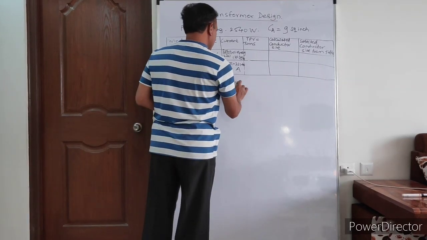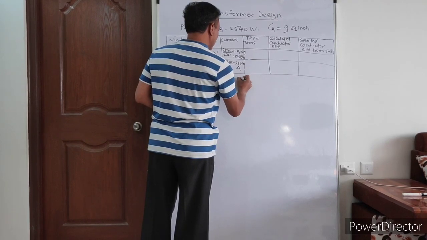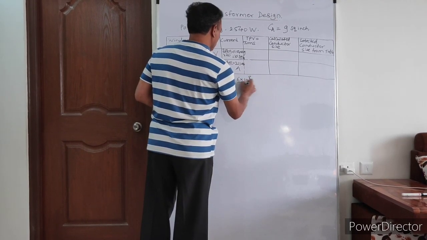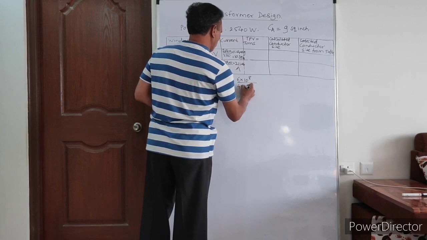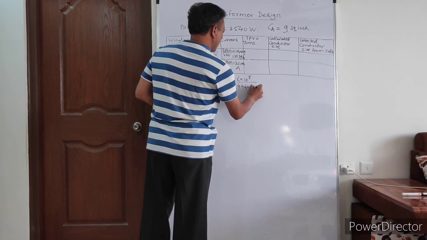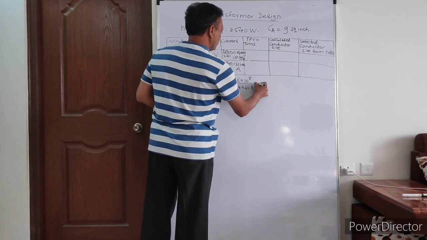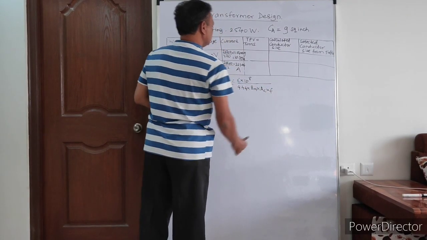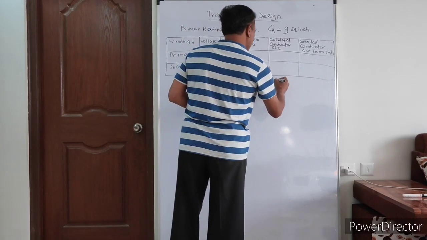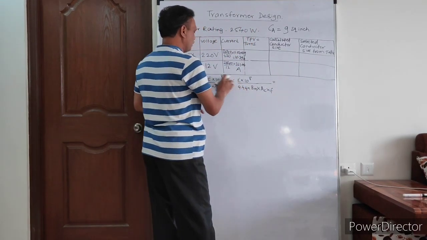Now I will substitute this value like this. I will write here E into 10 raised to 8 upon 4.44 into maximum flux density into area of the core into frequency. Now if I substitute this, I'll get here per turn EMF.